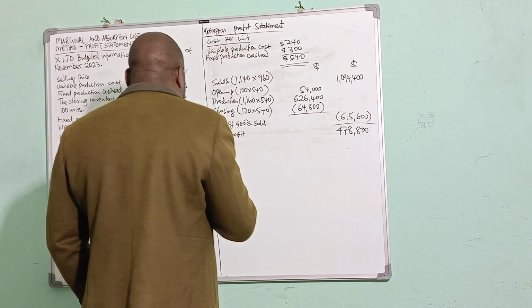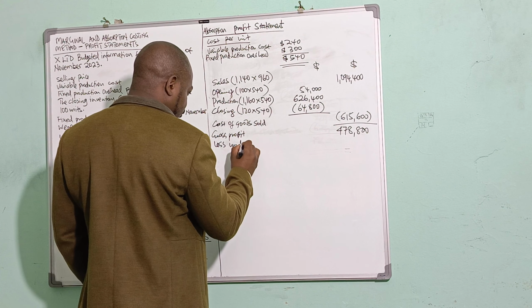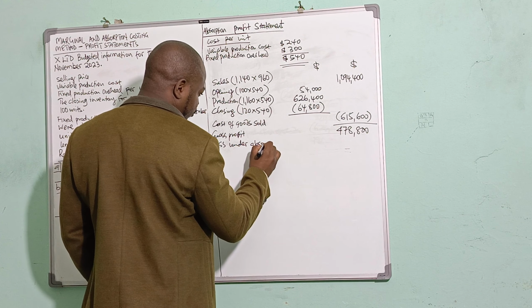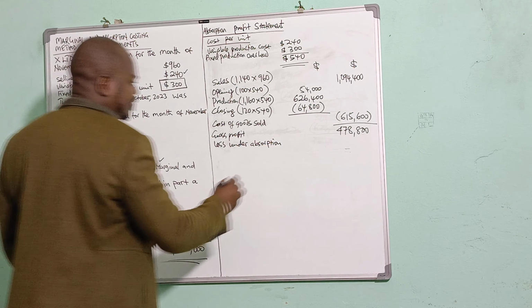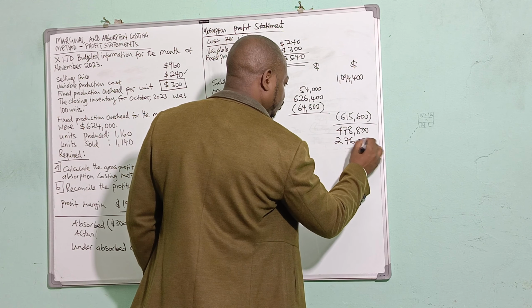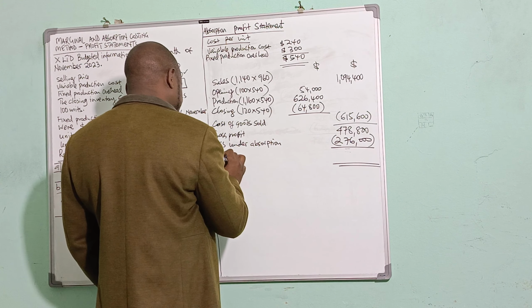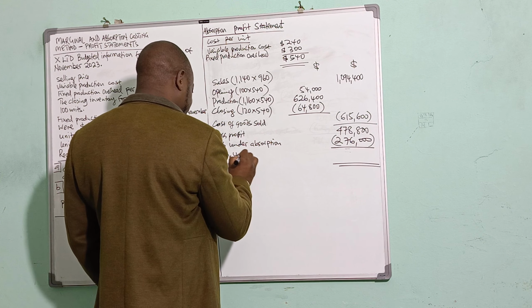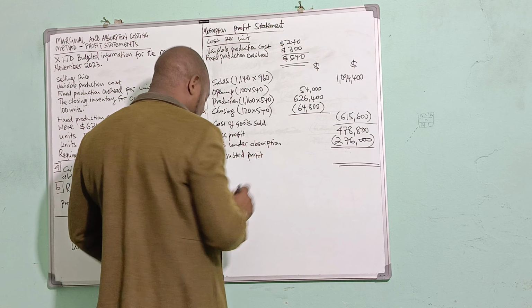So we are going to less under absorption, $276,000. So I shall call this the adjusted profit now, which is the correct profit figure under absorption.